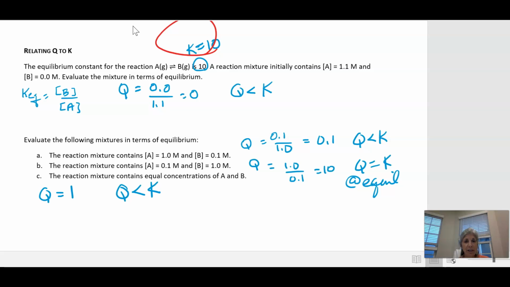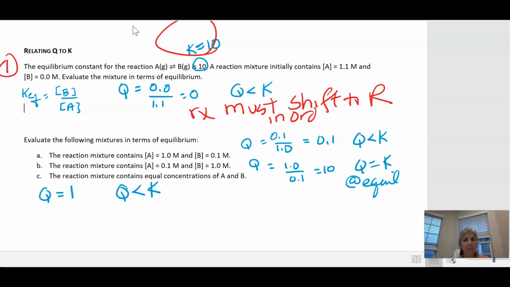So in order to establish equilibrium in the first case right here, we'll call this case number 1, the reaction must shift to the right in order to establish equilibrium.